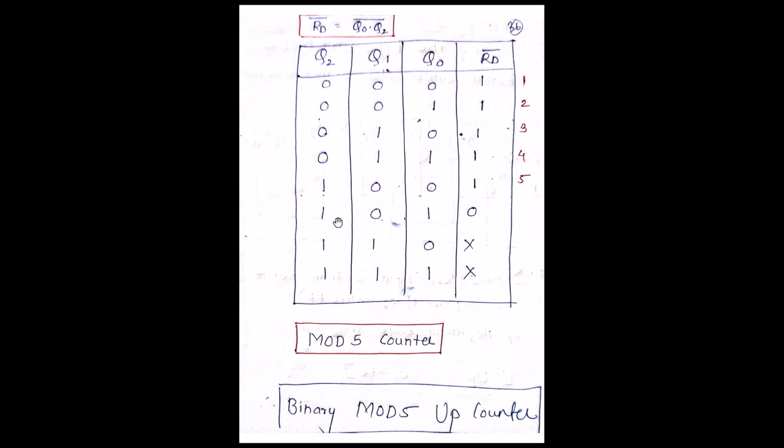You will find that at 1, 0, 1, the clear is taking place. That is, active low is getting activated and it has become 0. So after this, the output will be cross, that is don't care, and hence I can say we have 1, 2, 3, 4, 5 output states, which is a mod 5 counter. Therefore, the given counter is a mod 5 up counter.